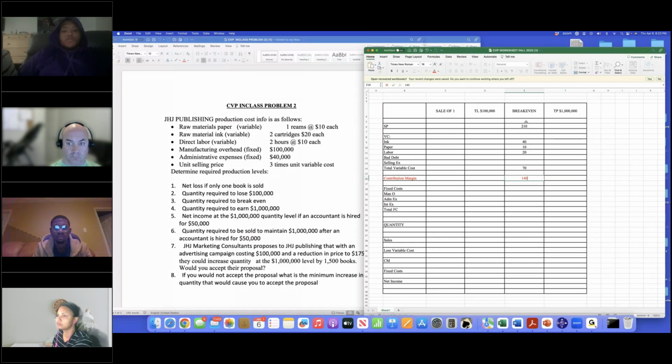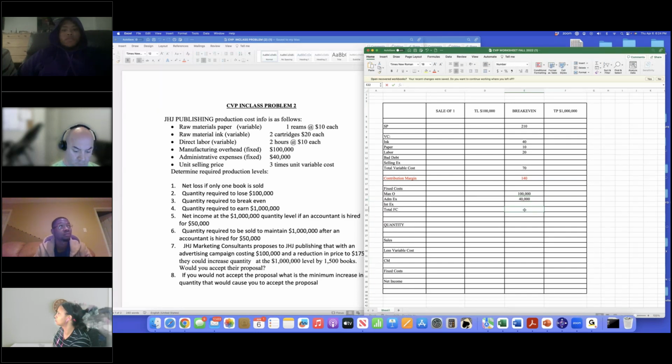We have 2 fixed costs. What are they? Manufacturing overhead, that's 100,000, correct? And administrative expense, 40,000. This is a template we'll use throughout the course. Our total fixed cost is 140, and it won't change.